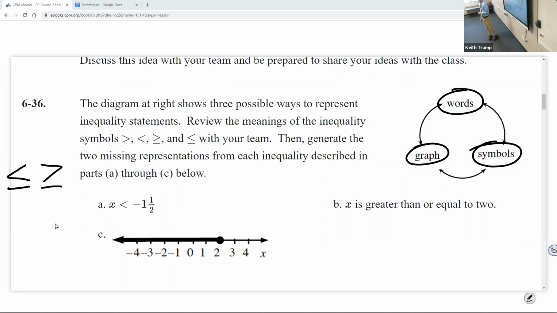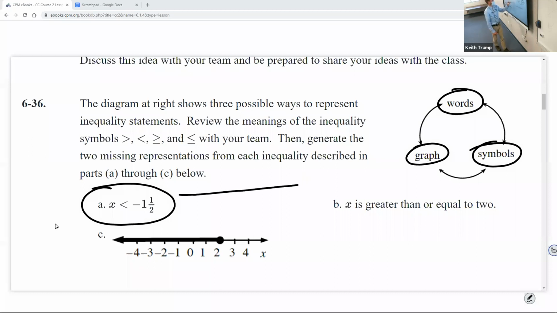When we talk about inequalities, sometimes we also are talking about the equal sign, but that's just because sometimes the equal sign goes between the left and the right side. So when we have something that looks like this, we're showing an inequality using symbols. So that is the symbol representation.